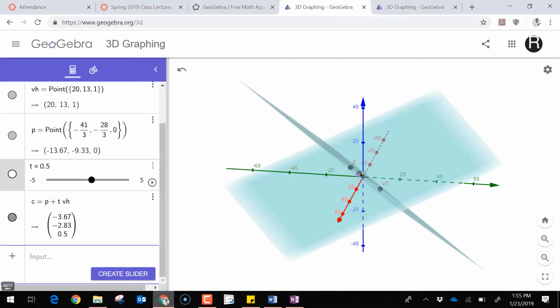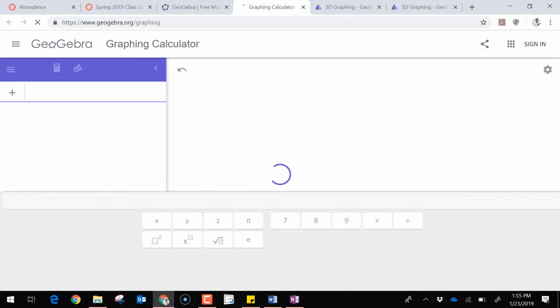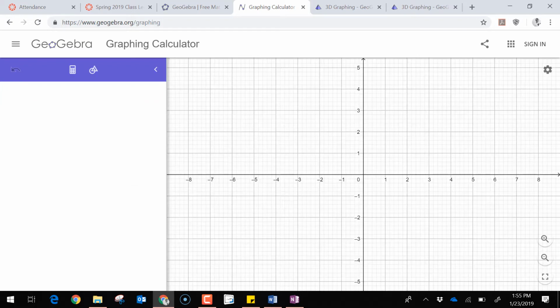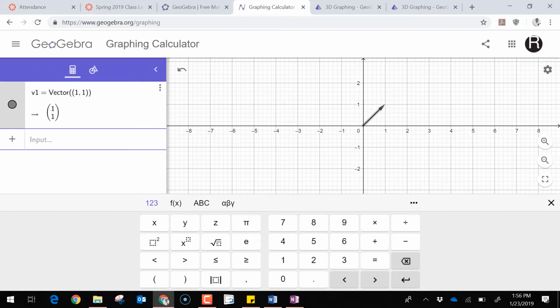How's that look like with vectors? How do you do vectors here? That's a vector 1, 1. And this is a vector 2, 2.